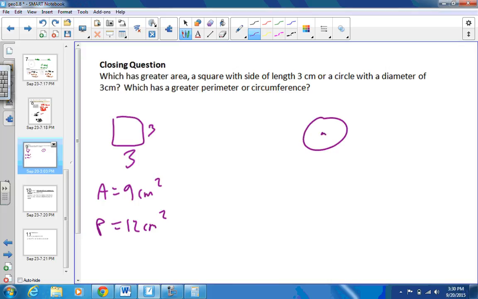Or a circle with a diameter of 3. So that whole thing is 3. So the area is 9 pi, it'd be 3 squared pi, and that's definitely greater. And the perimeter would be 3 pi.